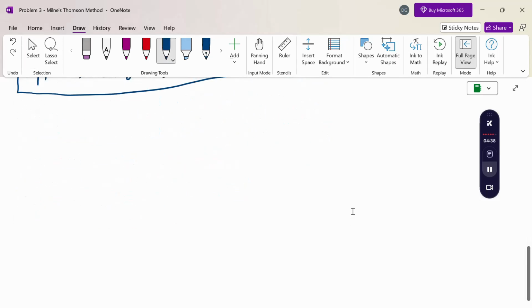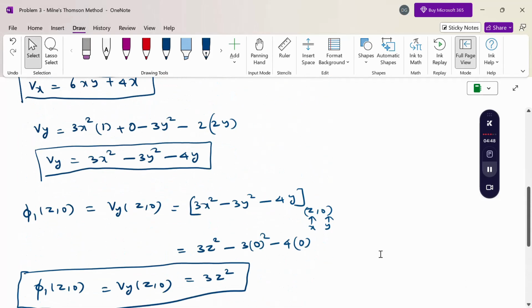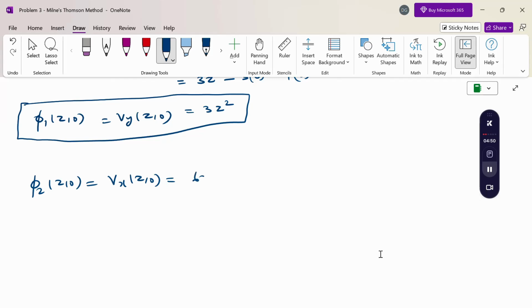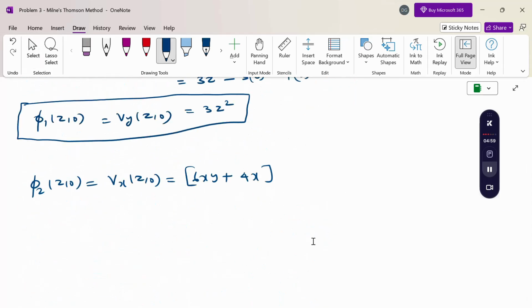Next, phi 2 of z comma 0, which is vx of z comma 0. Now vx is 6xy plus 4x. Here we substitute z comma 0, so x value is z and y value is 0.